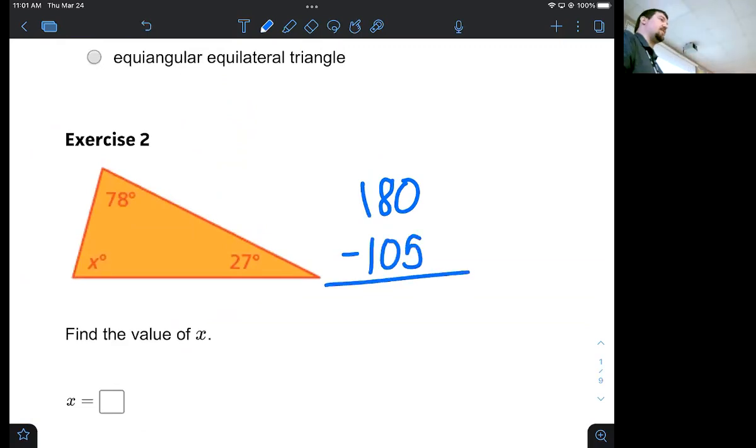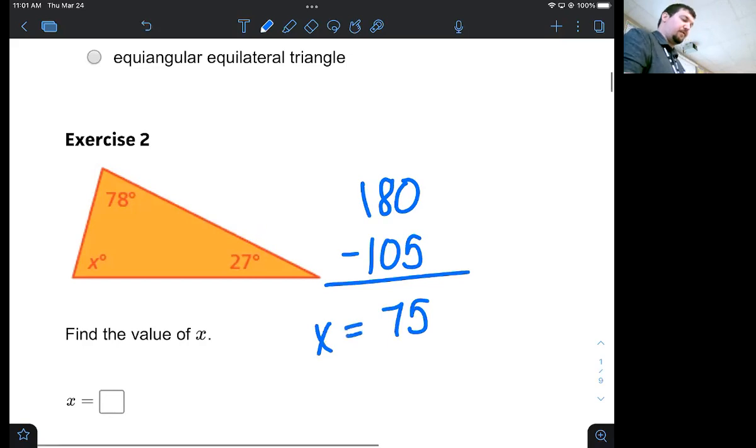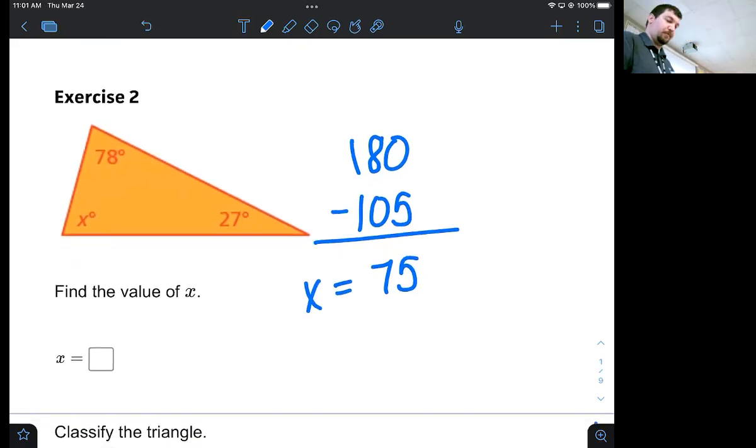So I subtract away the two angles I already do know. Whatever's left over is how big angle X is. How big is angle X? Of all the people working on this, it should be more than just two people raising their hands. I know that not everybody's working on this right now, but more people than this should be able to do it. Yes, 75. So just put X equals 75, and you've answered the first part of number two.